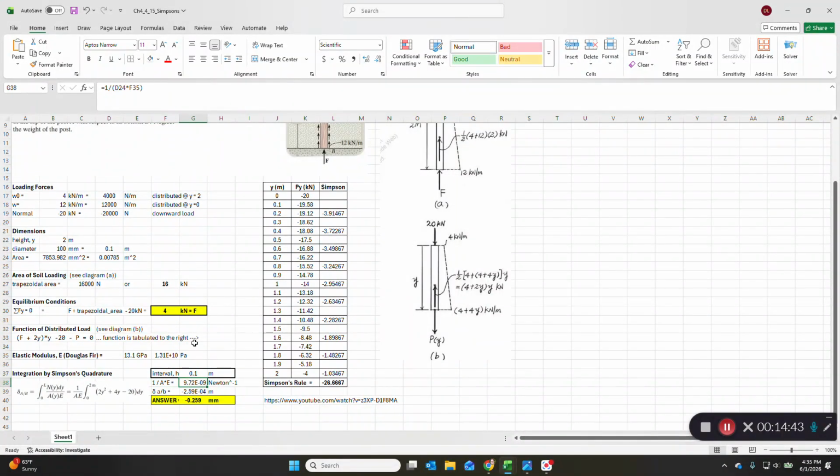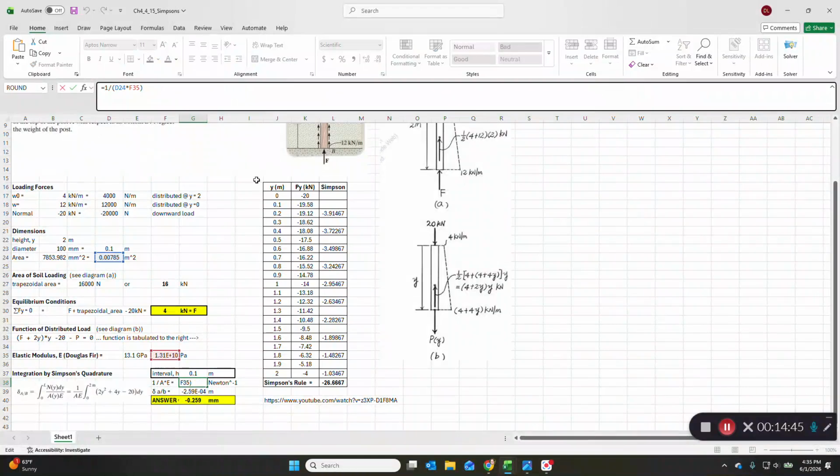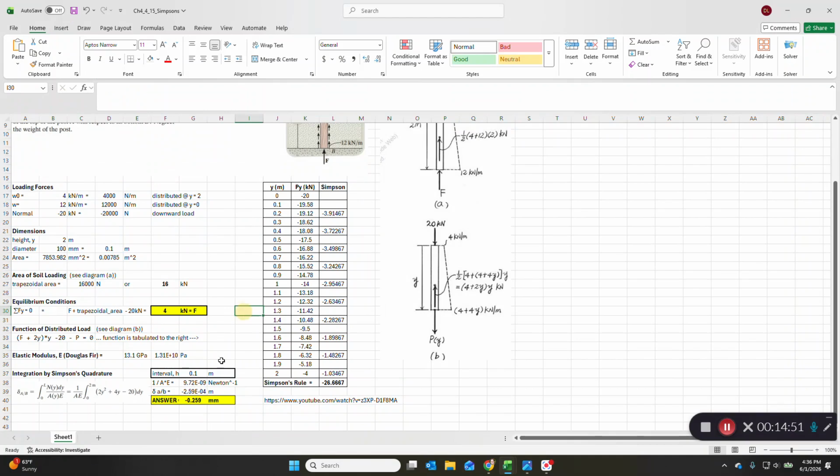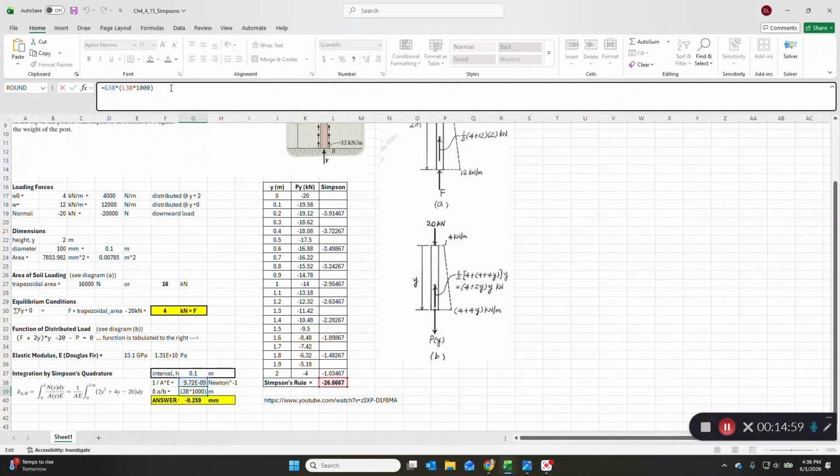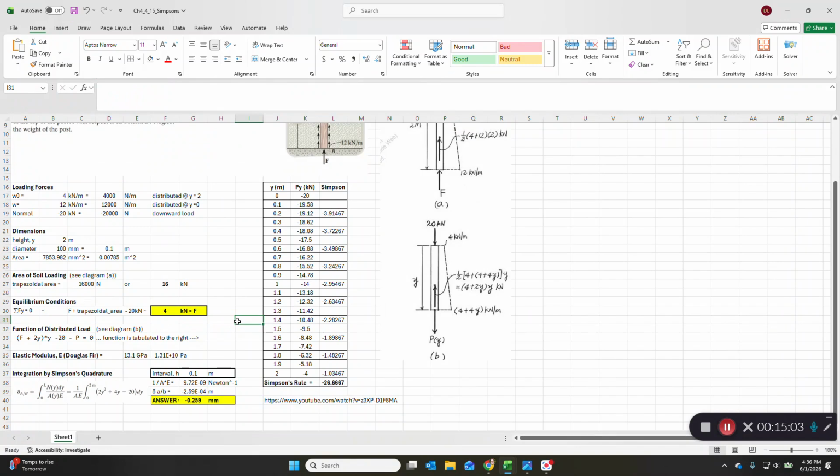So 1 over A times E is just simply 1 divided by the area we calculated times the elastic modulus. Again, everything in pascals or meters squared, that's a constant. And then we're going to multiply that by this Simpson's rule sum. But we're going to multiply by 1,000 because we need to convert to meters, and that's our meters solution.